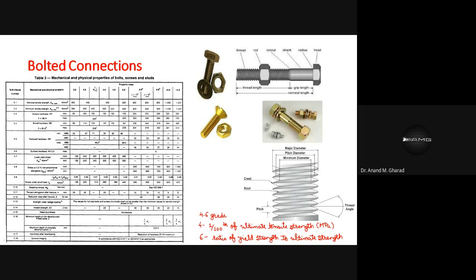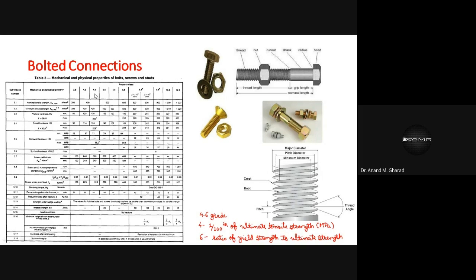Similarly, if I consider 4.8 grade, in that case, what should be the value of ultimate strength? Sorry, yield strength, not ultimate strength. It will be 320 MPa, isn't it?